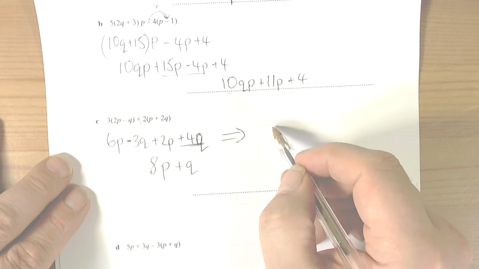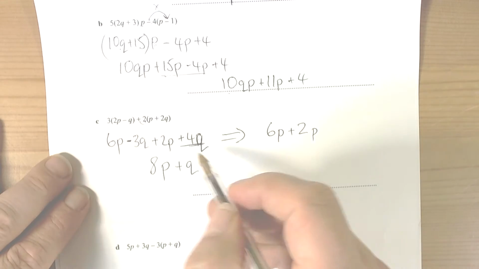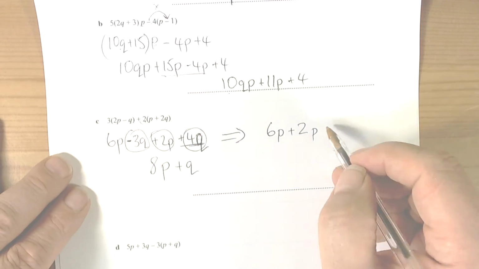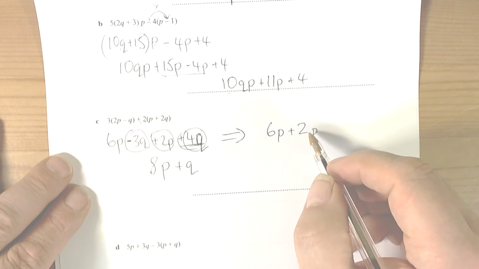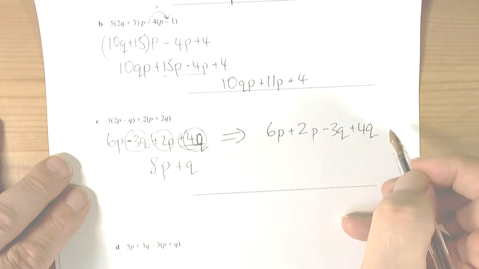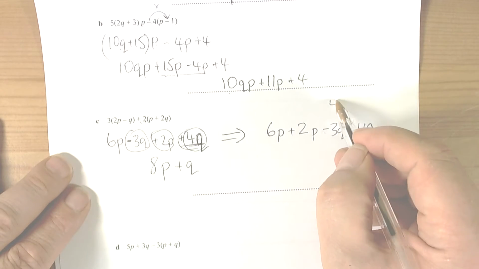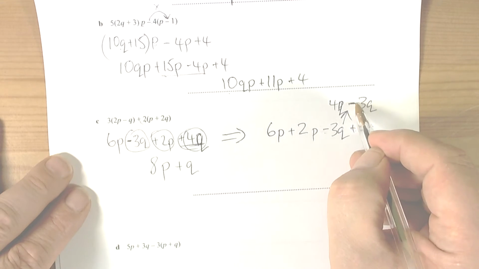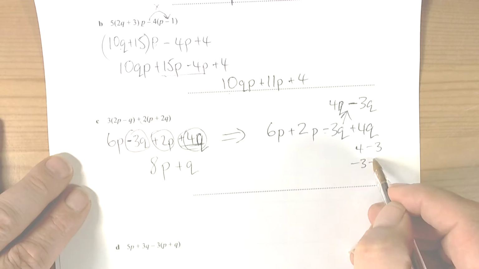Again, remember you can reorder to bring all the like terms together, keeping the signs with the term to the right, or the variable and numbers to the right. So we've got 6p plus 2p, and then take away 3q's plus 4q's, and remember that these can be swapped, so it becomes 4q's take away 3q's. 4 take away 3 is the same as doing negative 3 add 4.